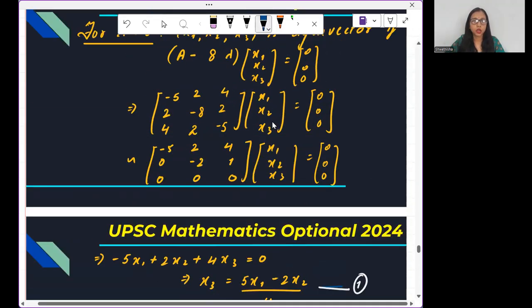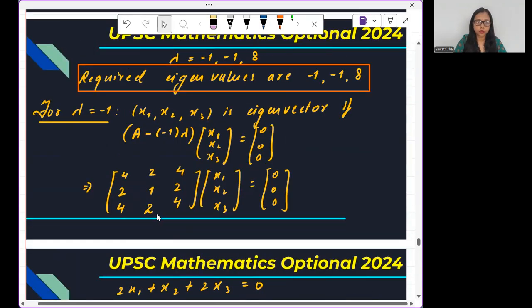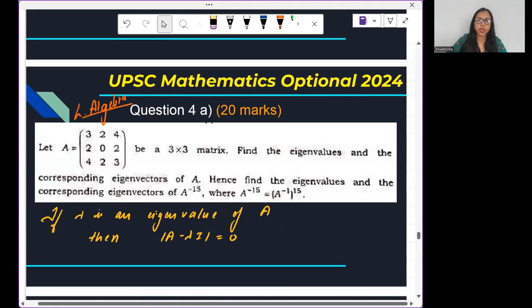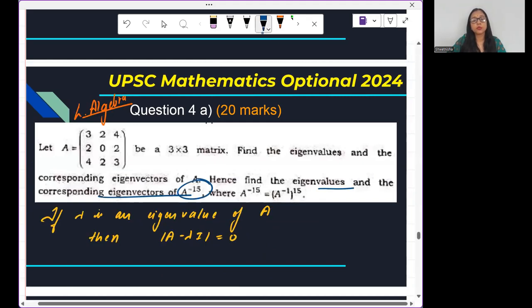Now, what was the last part of the question? The last part of the question was: find the eigenvalue and the eigenvector of A raised to the power minus 15. It was just there for the confusion, but you see, it's very easy.